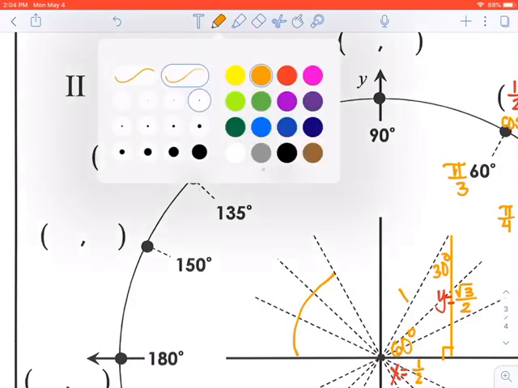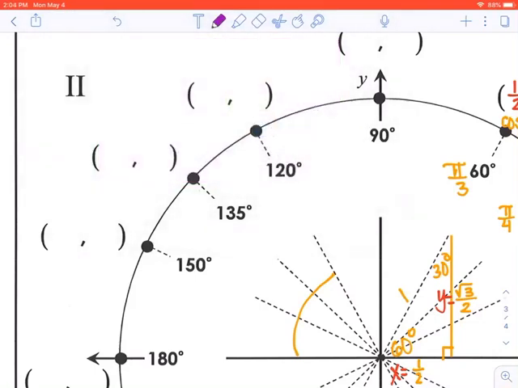So even though, don't draw this, my angle is 120 degrees, the reference angle here is going to be 60 degrees, because from 120 to 180, that's another 60 degrees. So it has a 60 degree reference angle.